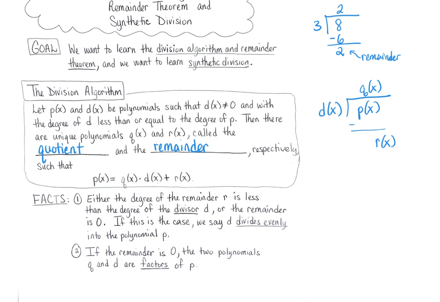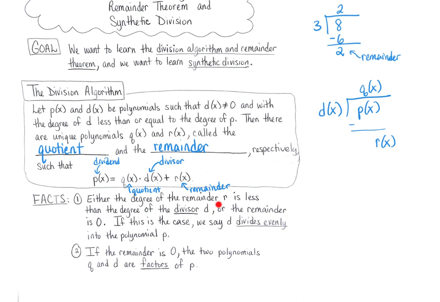So the terms, we have our dividend, we have our quotient, we have our divisor, and then we have our remainder. Okay? A few facts to remember.